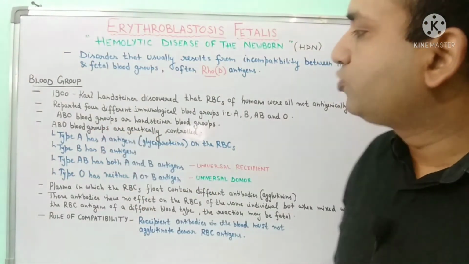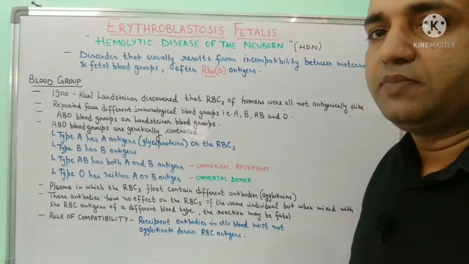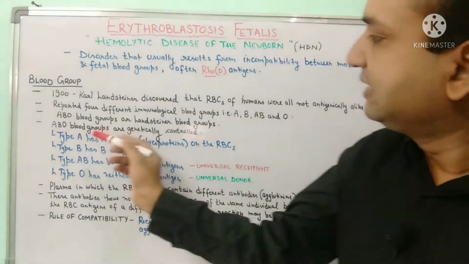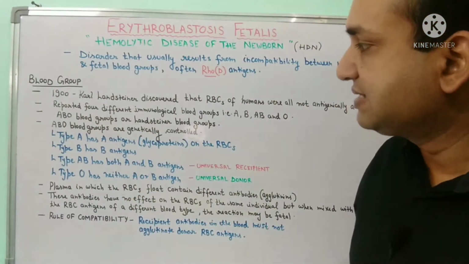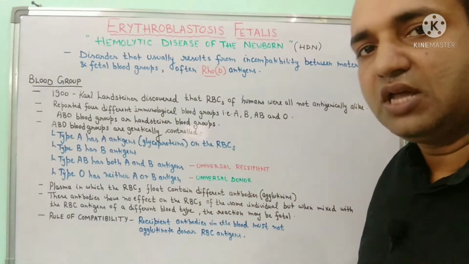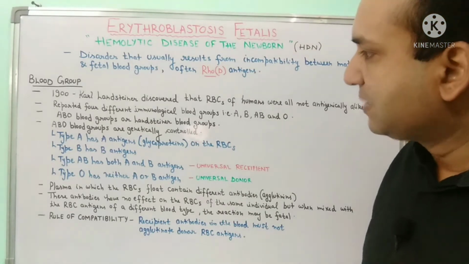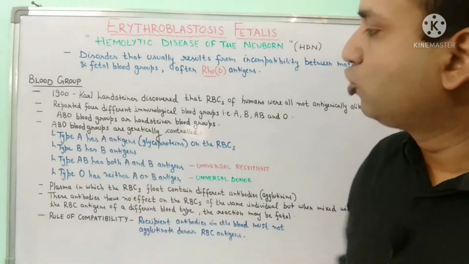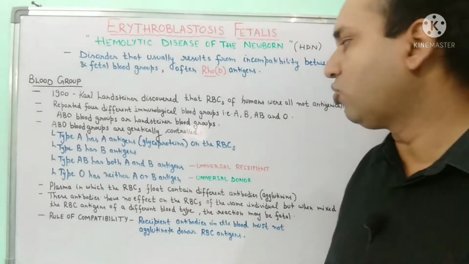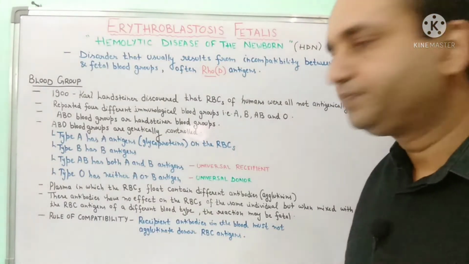The ABO blood groups are genetically controlled, means they are controlled by the genes. The type A blood group has A antigens or glycoproteins present on the RBCs. Similarly, the type B blood group has B antigens or glycoproteins present on the RBCs.